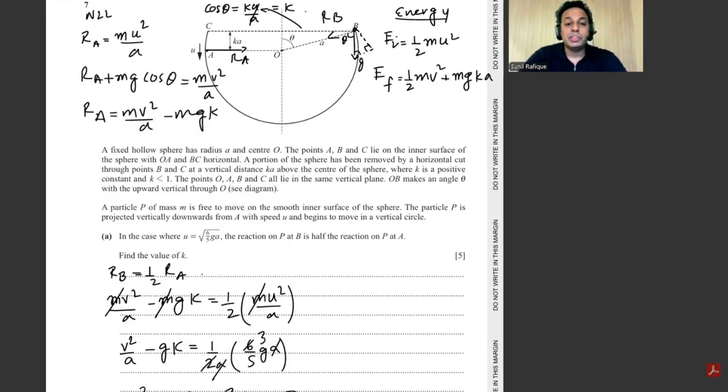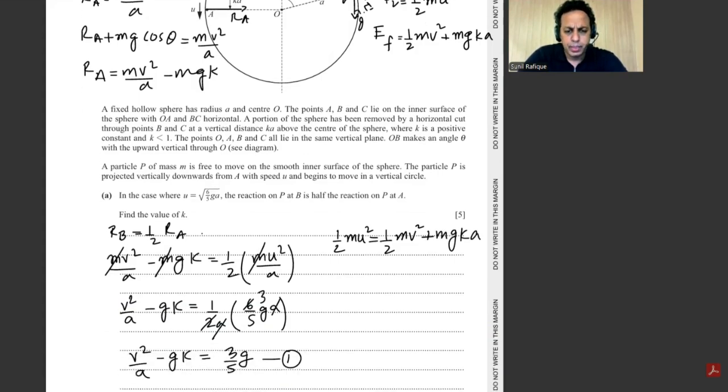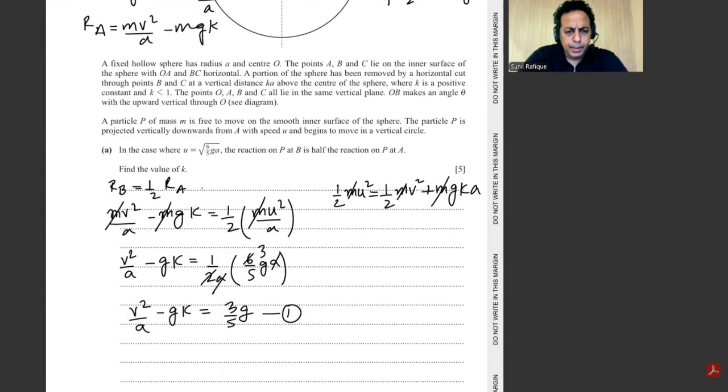Well, energy initial is energy final, so 1/2 mu squared is 1/2 mv squared plus mgka. Let's simplify this a bit as well. I can put the u squared over 2, that's 3/5 of ga, since I squared it and then divided by 2.